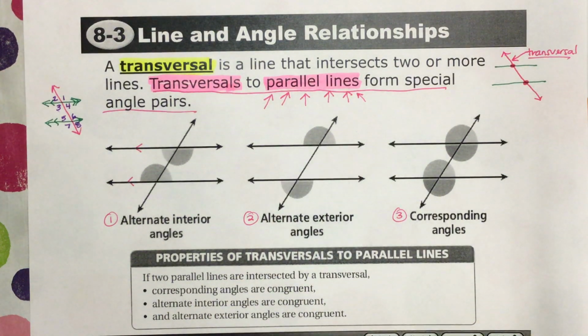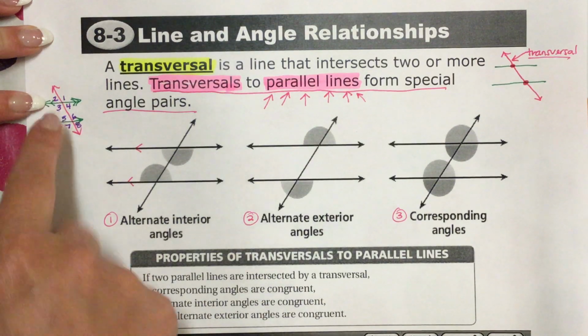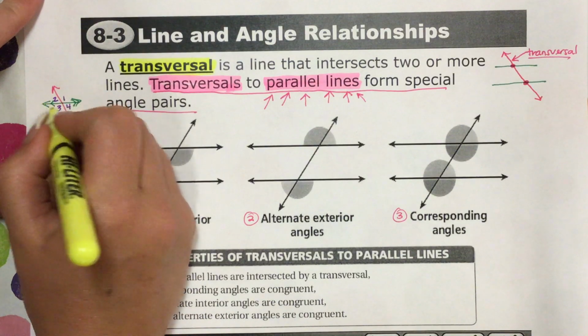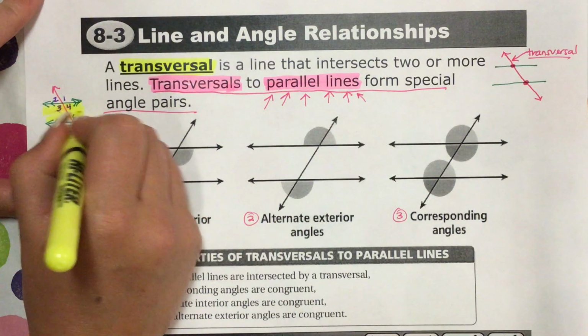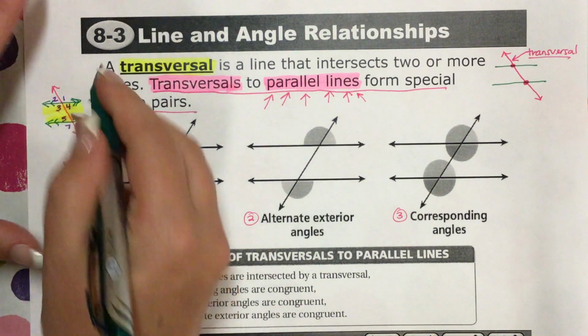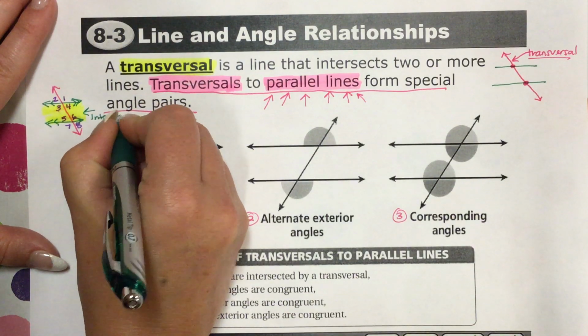Now, some of those angles are interior and some of them are exterior angles. So the interior angles are the angles that are inside the 2 parallel lines. So inside the 2 parallel lines, these are called interior angles. Do you see that?